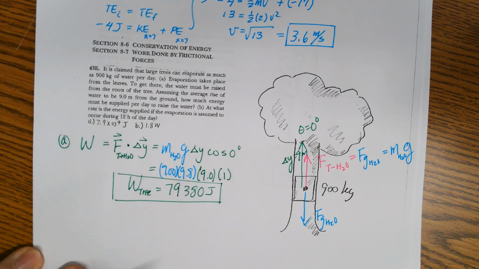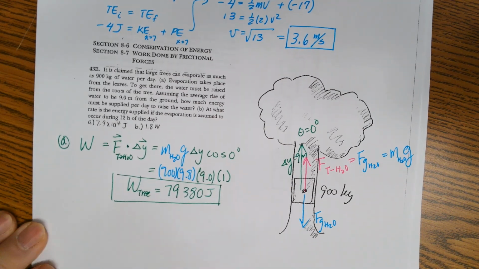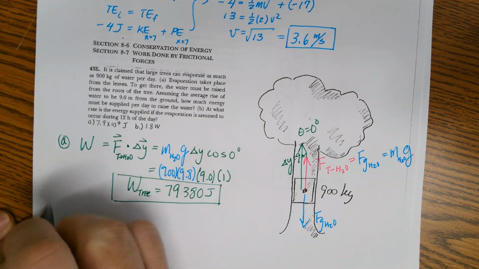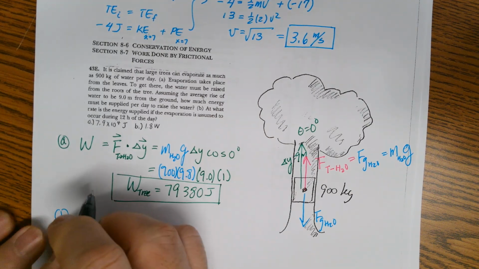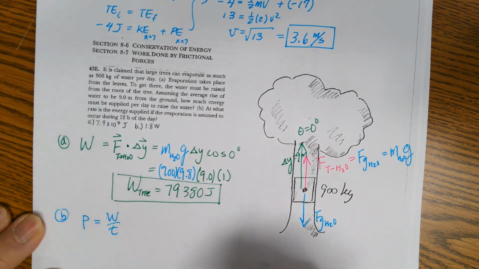That's your homework. Well, at what rate is this energy supplied if evaporation is assumed to occur during 12 hours of the day? So an average of 12 hours of sunshine, that's when it happens, right? So for part B, they want to know the rate. And rate is power, which is work divided by time.